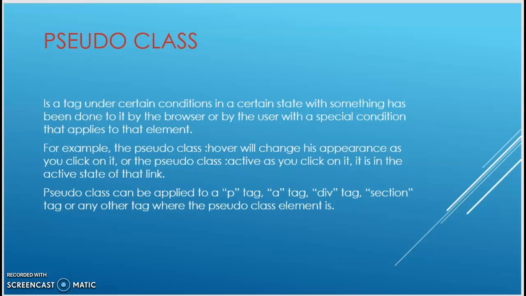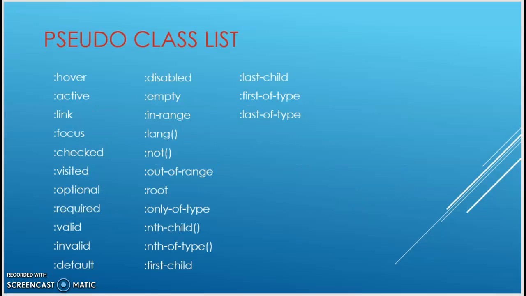Pseudo-classes can be applied to a p tag, a tag, div tag, section tag, or any other tag where the pseudo-class element is. If we made a list of all the pseudo-classes, it would be a big list. So I came up with a very short list of the most commonly used pseudo-classes.